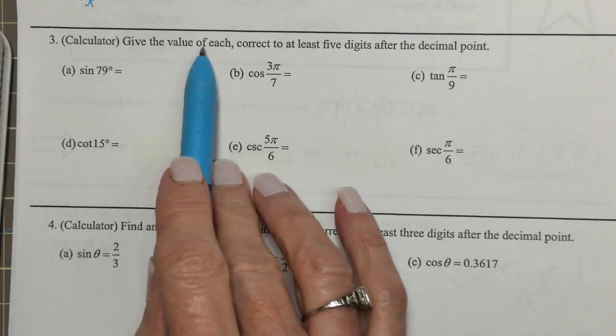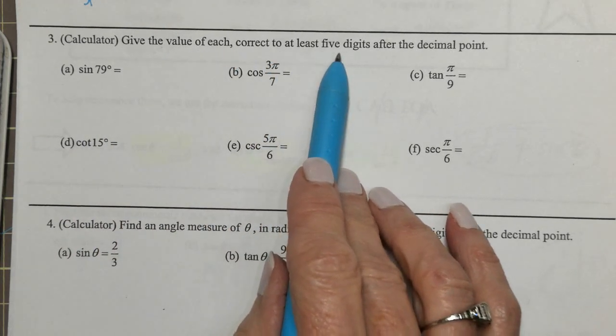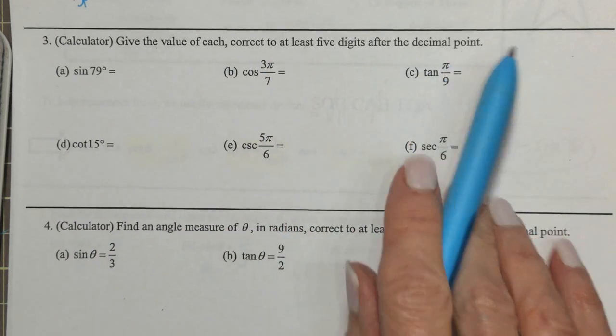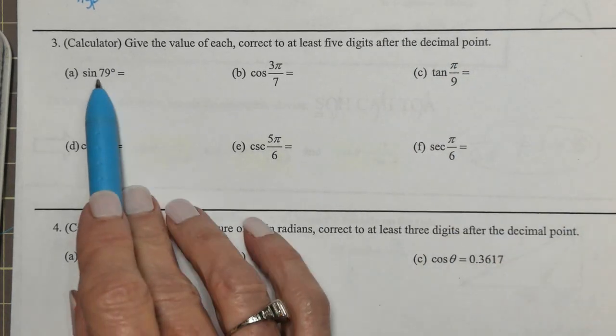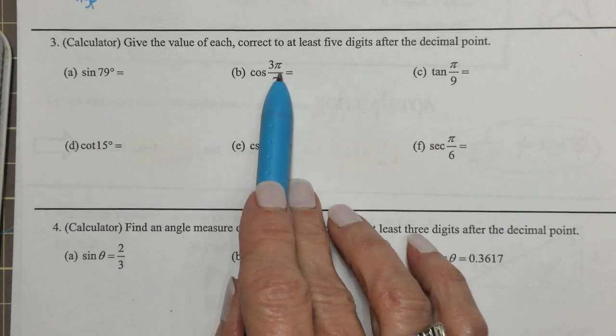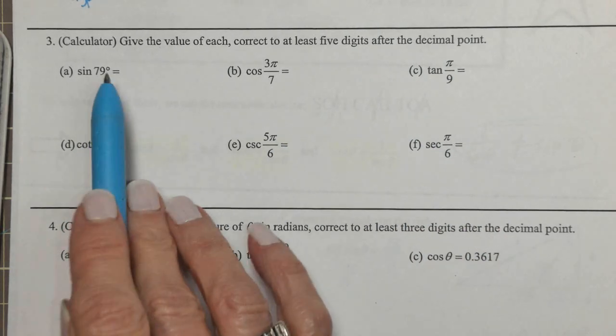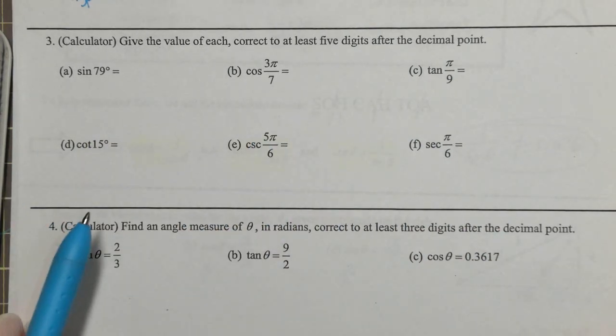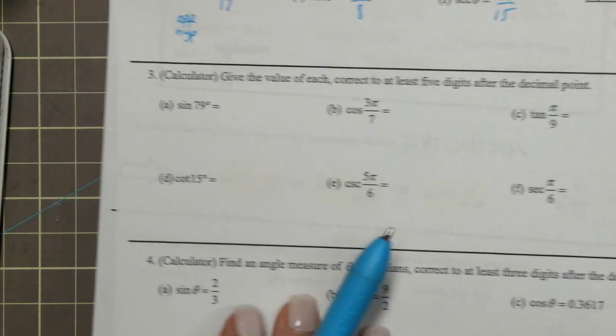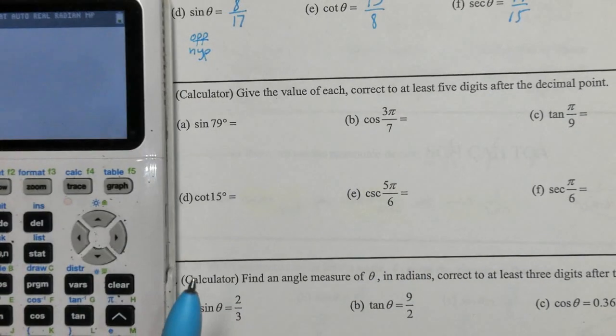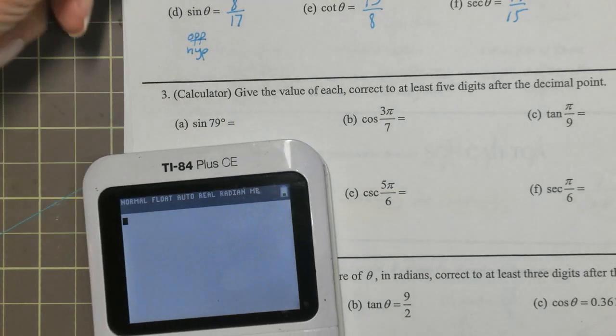So we're going to give the value of each correct to at least 5 digits after the decimal point. And this is in degrees, and these are in radians. So I have 2 in degrees and 4 in radians. So I'm going to go do the degrees first. So if we get our calculator, and how can I get this to where you can see it?